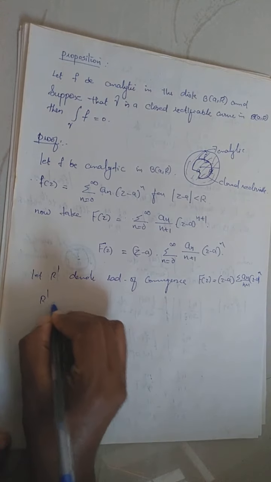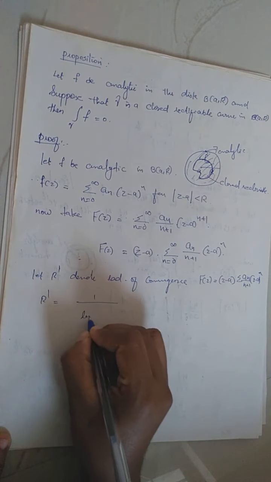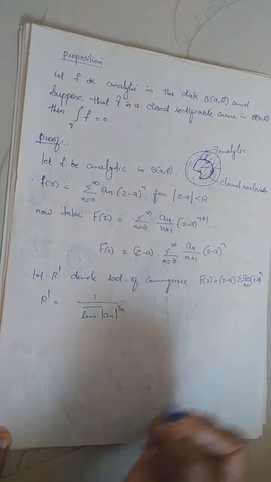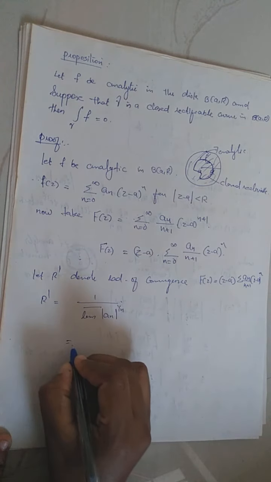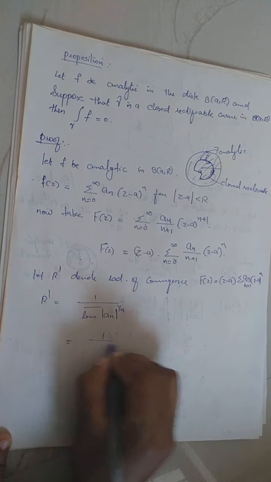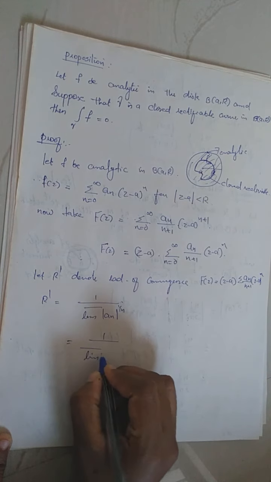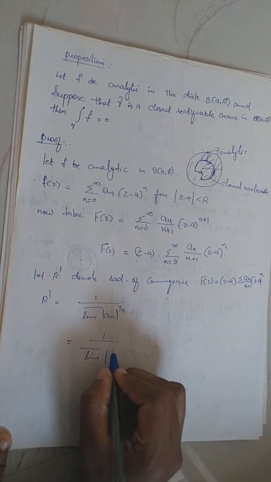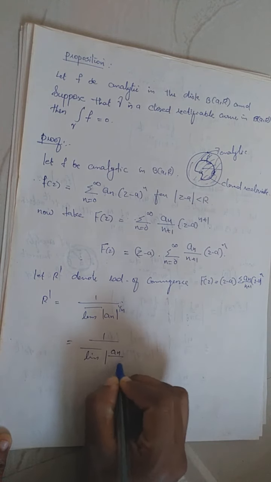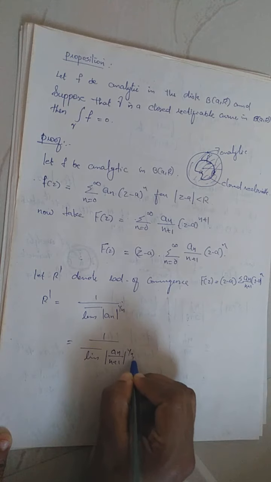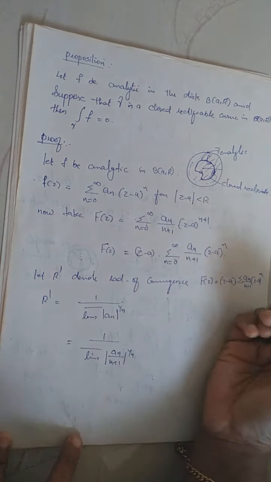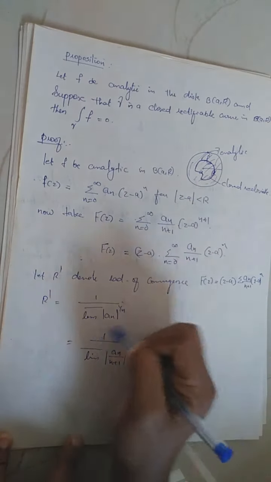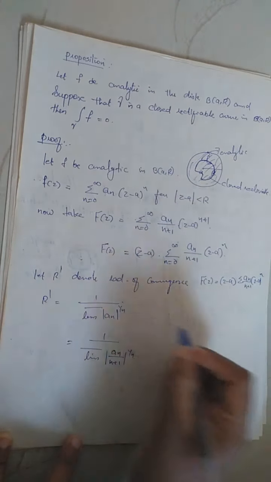Then by definition it is equal to 1 by limit supremum of mod a_n raised to 1 by n, which is equal to 1 by limit supremum of a_n divided by (n plus 1), raised to 1 by n. Actually we are considering the radius of convergence of this series.